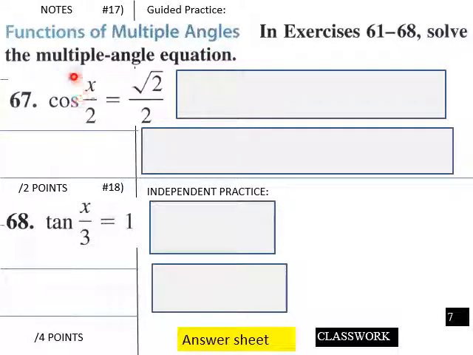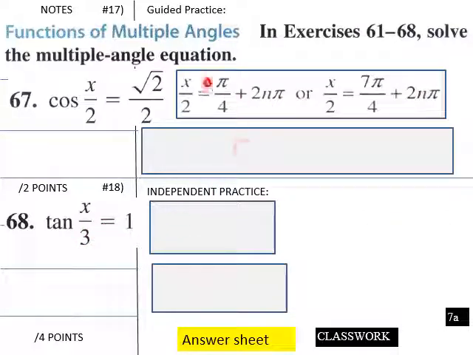So solving a multiple angle equation, we have cosine x over 2 equals square root of 2 over 2. Down here, tan x over 3 equals 1. So x over 2 would equal, in cosine, pi over 4 plus 2n pi, or x over 2 would equal 7 pi over 4 plus 2n pi.